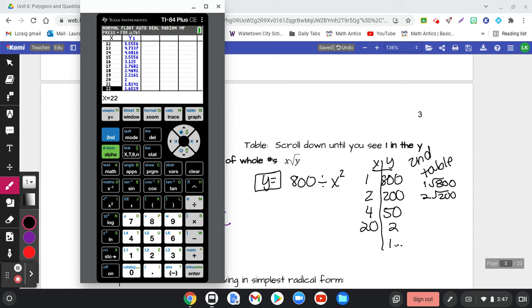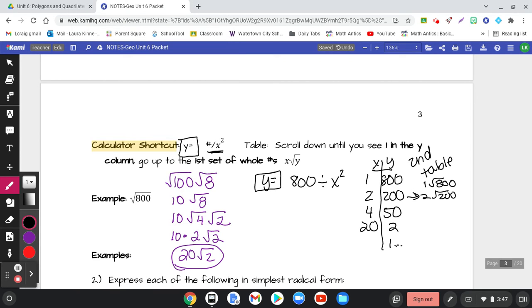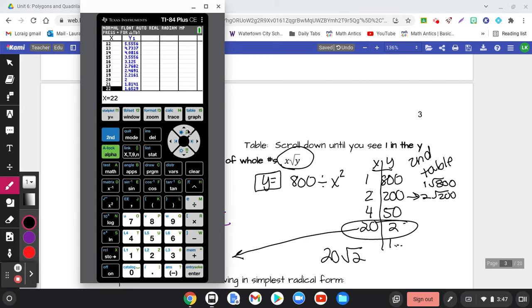It's simplified a little bit, but not all the way, until we get down to this one, which is what our answer is. So whatever x is goes in front, whatever the y is goes underneath, and it's simplified for you. You can see this one right here, 10 radical 8. That was in the table also.